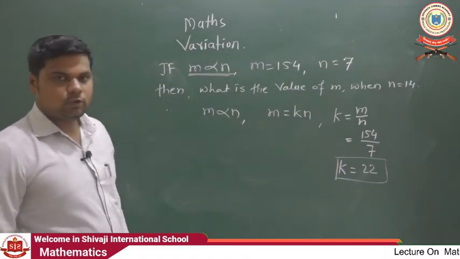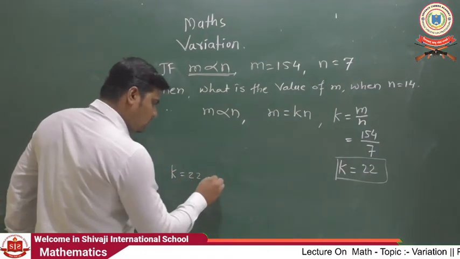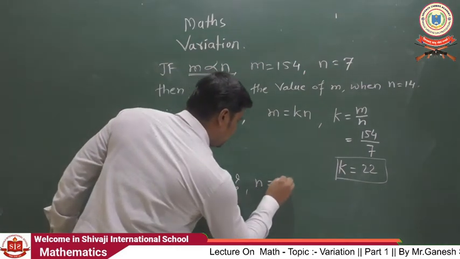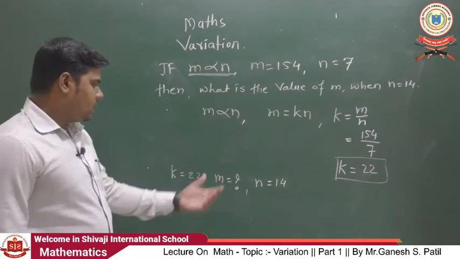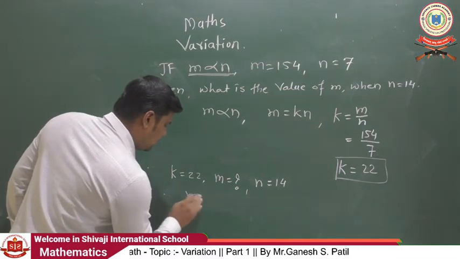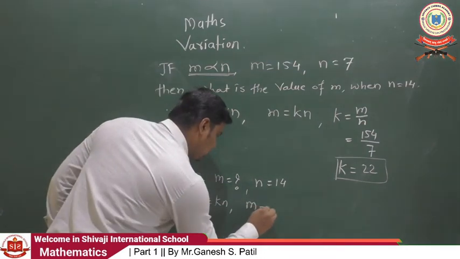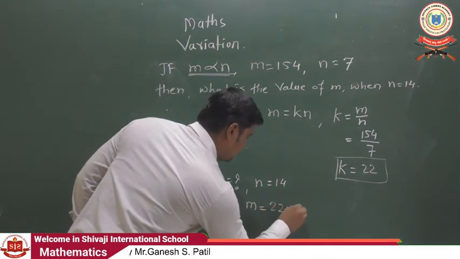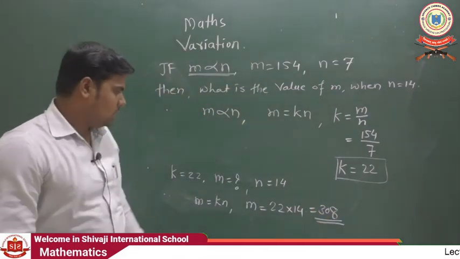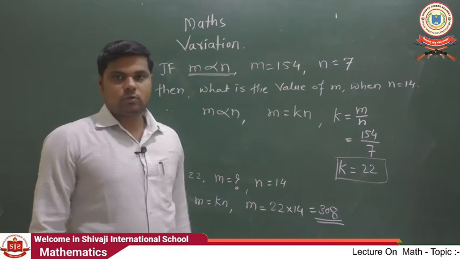Value of k is equal to 22, and then what is the value of m when n is equal to 14? Okay, then see here, you just write m is equal to kn. Okay, then m is equal to k means 22 into n is 14, and then its multiplication is 308. 14 twos are 28, carry 2, 14 twos again 28 plus 2, 30.